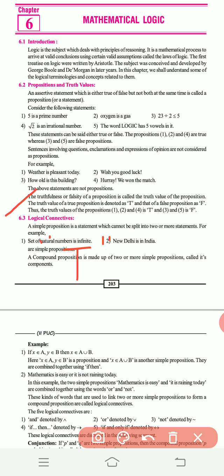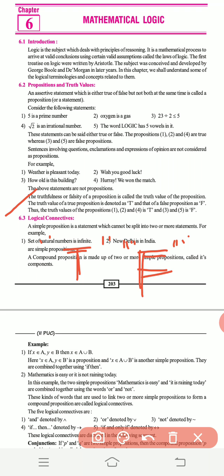False proposition is considered as false. If a statement is true, then that is a true proposition. If a statement is not true, then it is a false proposition. Truth is denoted by capital T. False proposition is denoted by capital F.